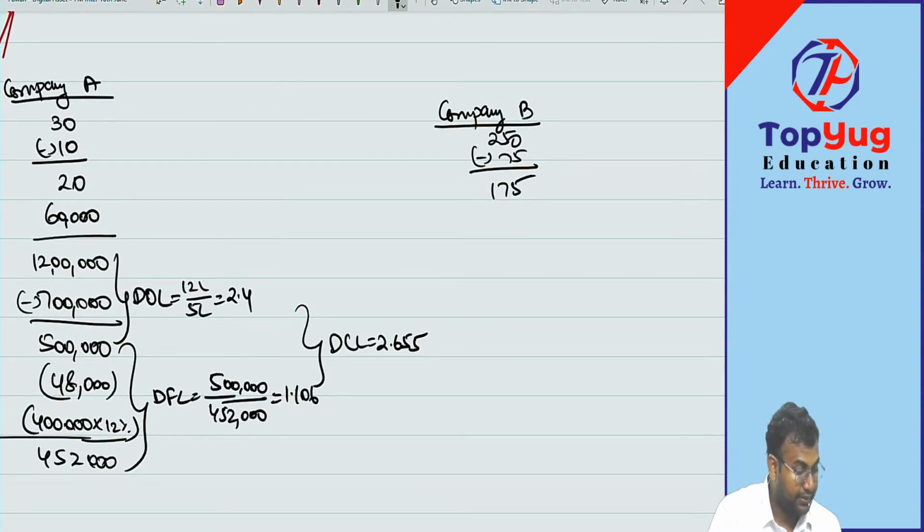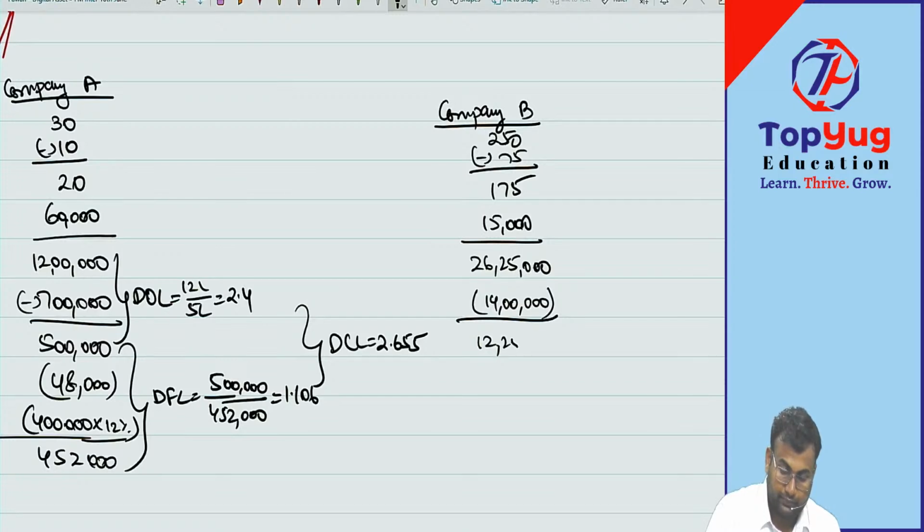Number of units are again how much? Minus fixed cost of 14 lakhs. Interest calculation, dear. 70.